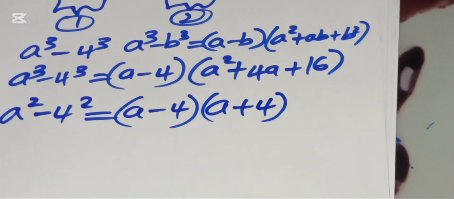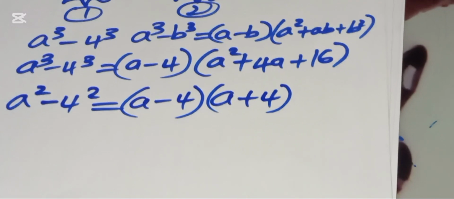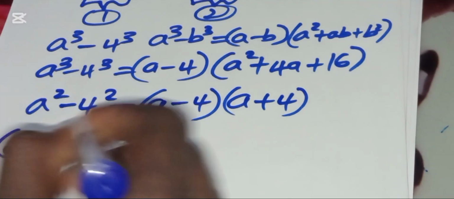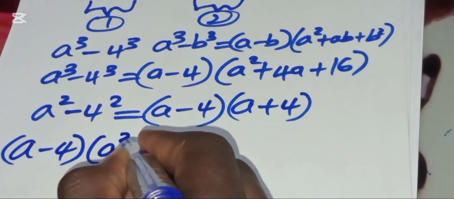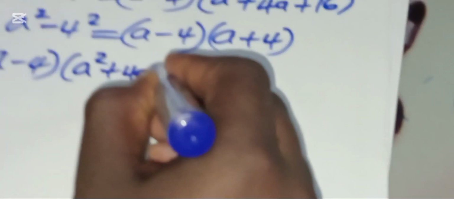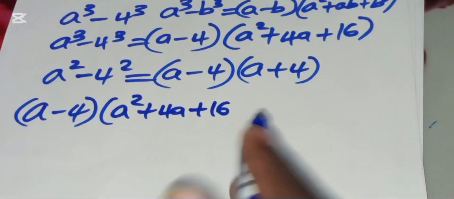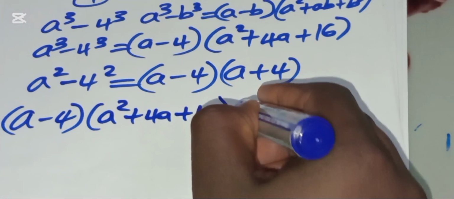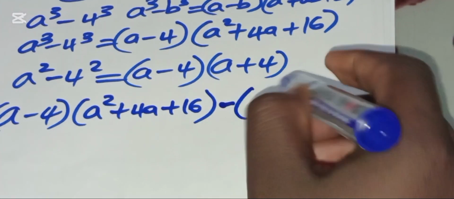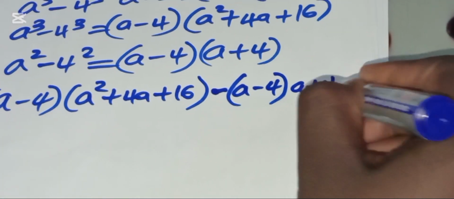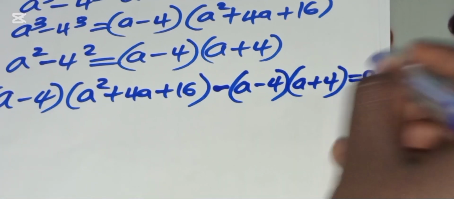Now combining the first part and the second part, we'll have a minus 4 times a squared plus 4a plus 16, subtract a minus 4 times a plus 4, all of this equal to 0.